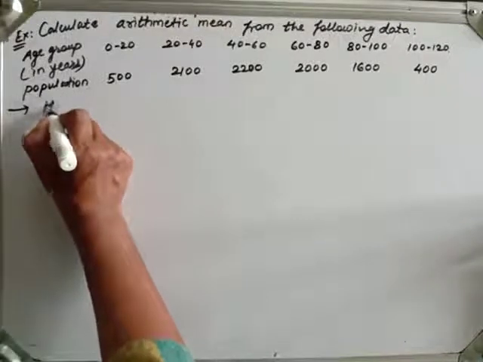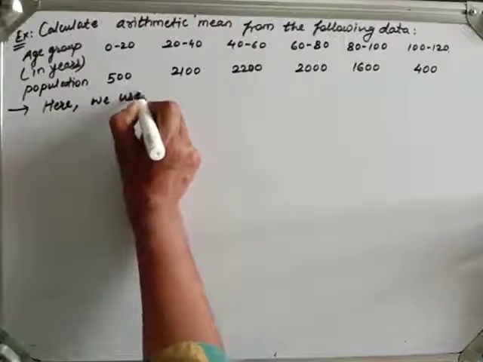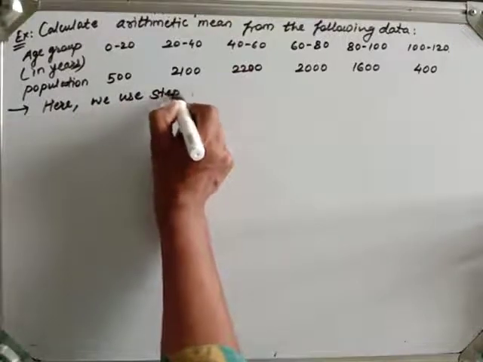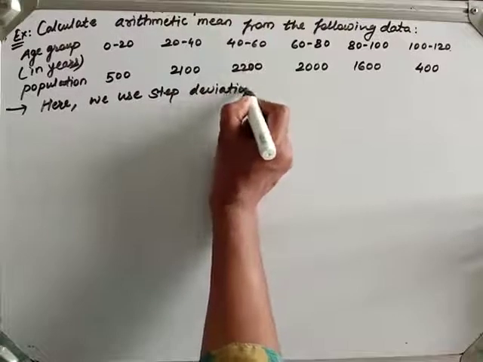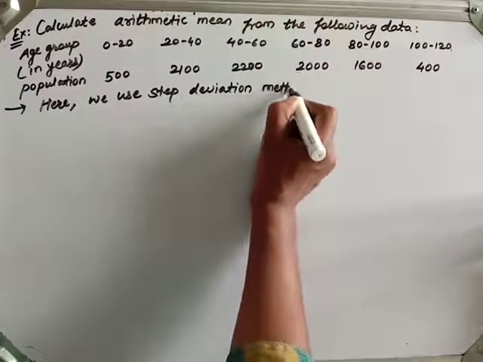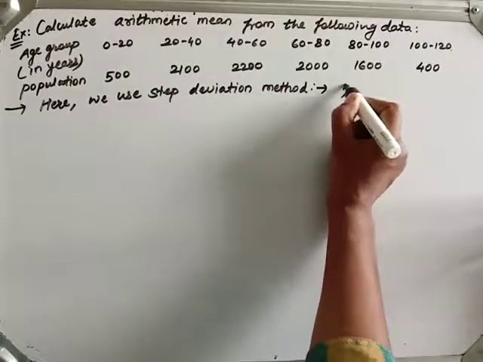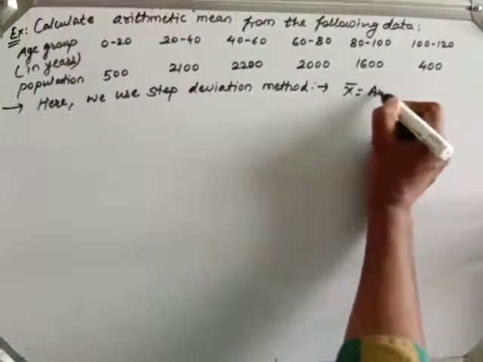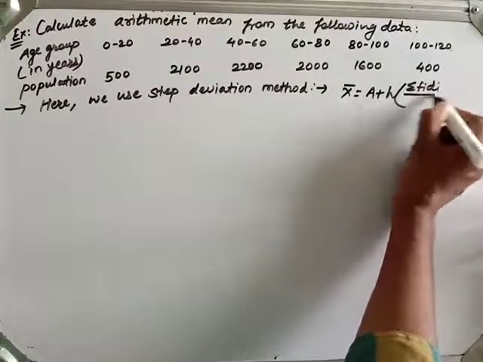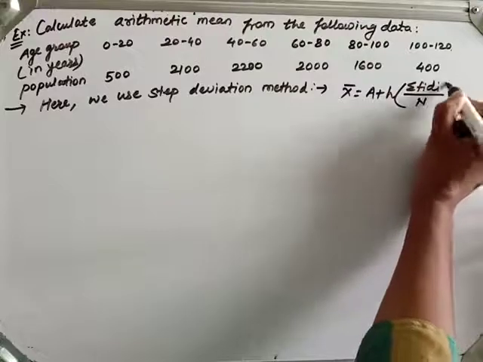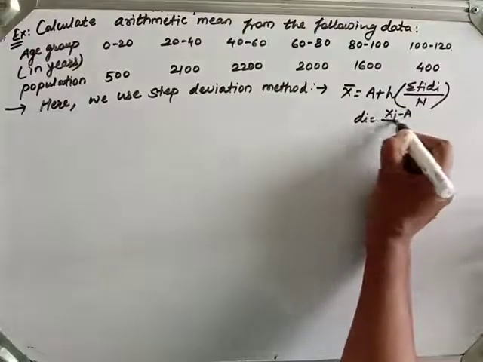So how are we using it? Listen carefully. Here we use step deviation method. While using step deviation method, the formula for x bar or arithmetic mean is a plus h into summation fi di upon n, where di is xi minus a upon h.